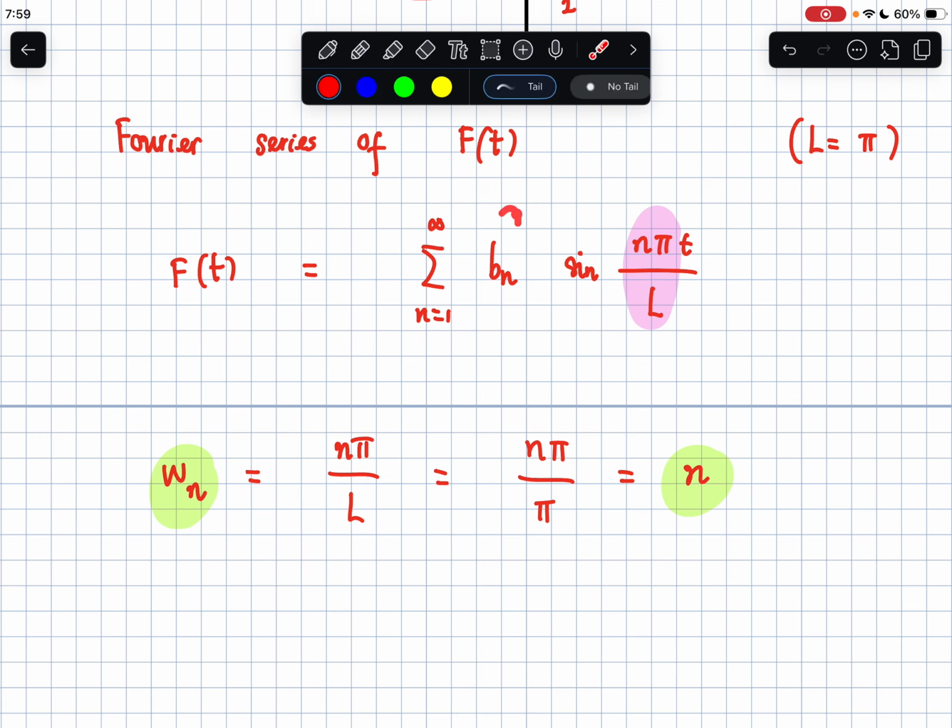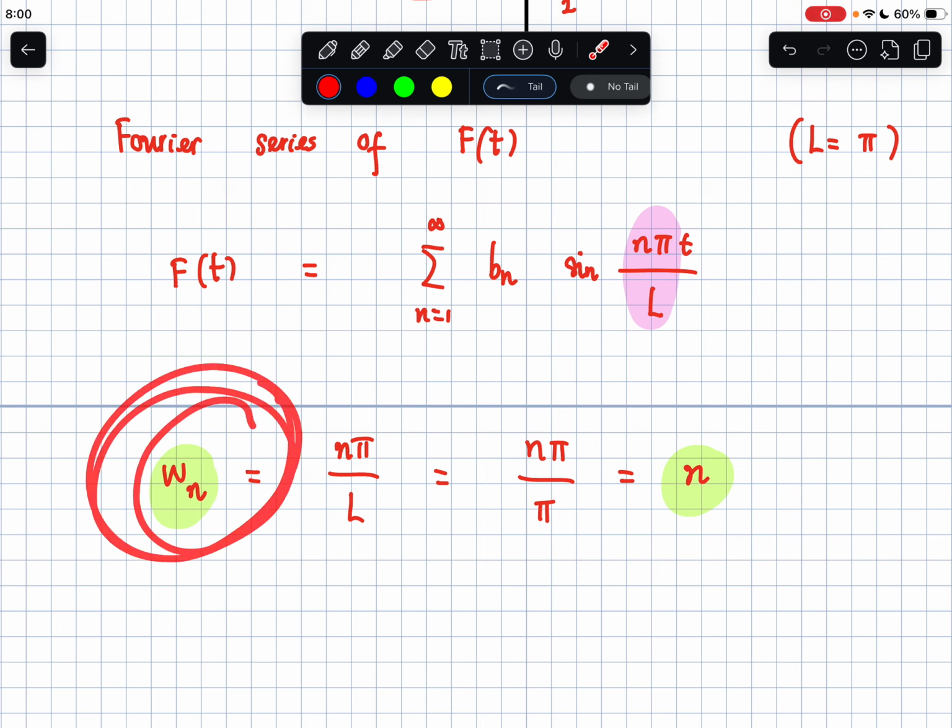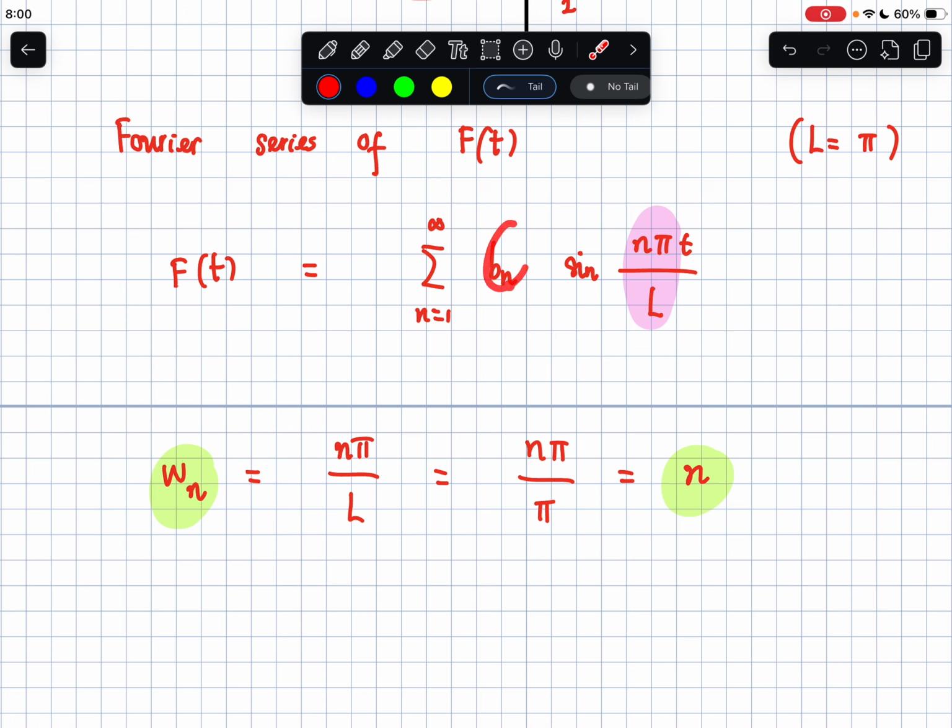For example, if b_n equals 0, that frequency does not appear at all. If b_n is non-zero, there will be a component with frequency omega n.